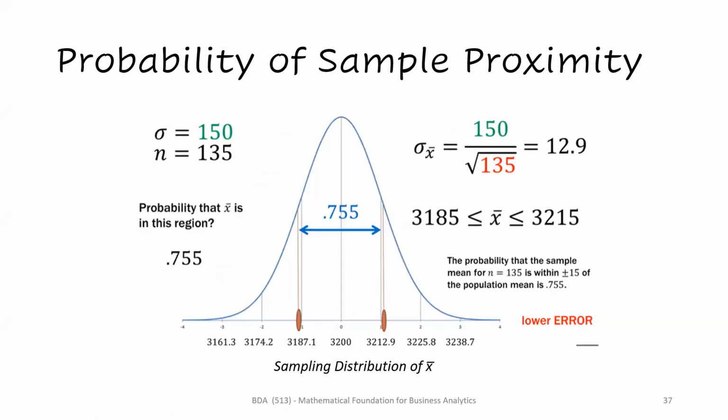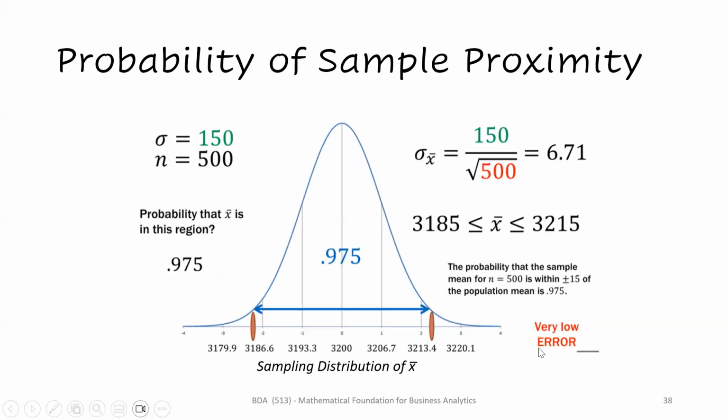When we increase it to even 500, it's going to the tip of the curve, accommodating more, so here it's even very low error. It makes sense: as you increase the sample size, the probability of making a mistake reduces, therefore the probability of picking the right one increases.